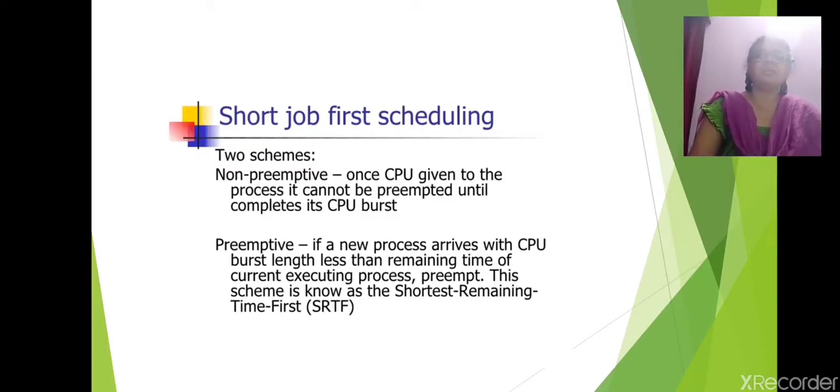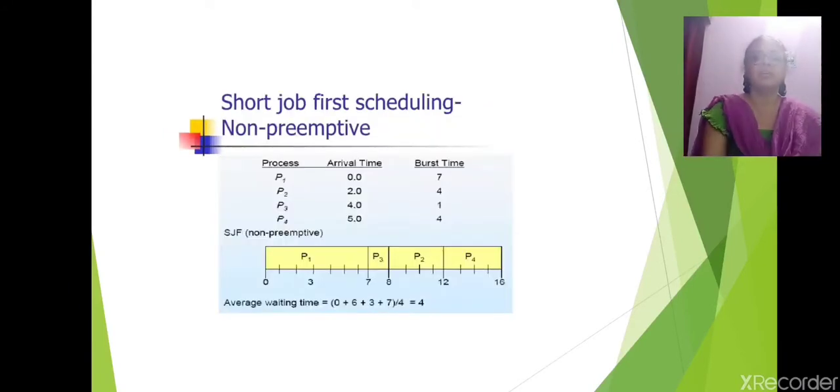Then the preemptive one: if a new process arrives with CPU burst length less than the remaining time of the current executing process, this scheme is known as shortest remaining time first, SRTF. So there are two schemes, one non-preemptive, another preemptive.